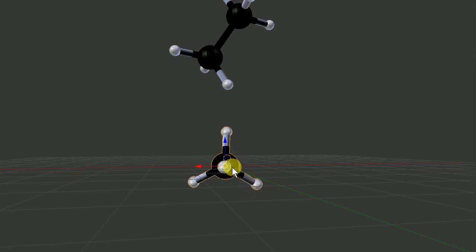Now, as you know, carbon has a greater electronegativity than hydrogen. This means that the carbon atom is going to be pulling in the electrons in these bonds towards itself.